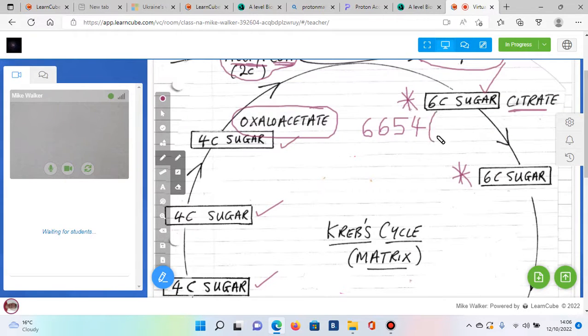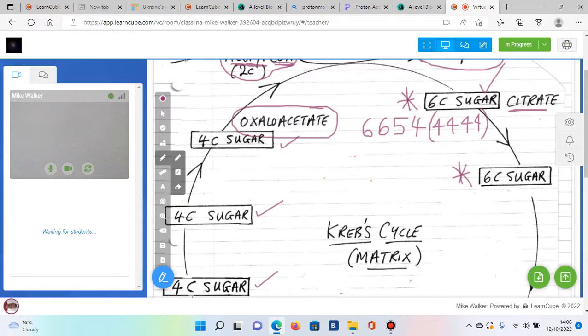I'm going to put a bracket around it. So if you can remember, it's like a telephone number, isn't it? 6654, brackets, 4, 4, 4, 4, close brackets.